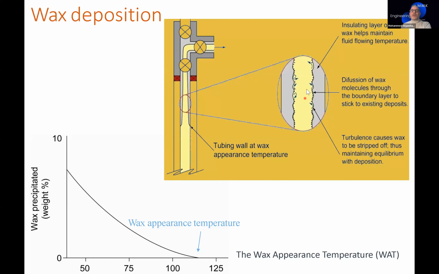There's a deposition of wax inside the wellbore, and this wax will reduce the flow rate. As mentioned, the wax appearance temperature is called WAT. Starting from this point, it depends on the reservoir characteristics.